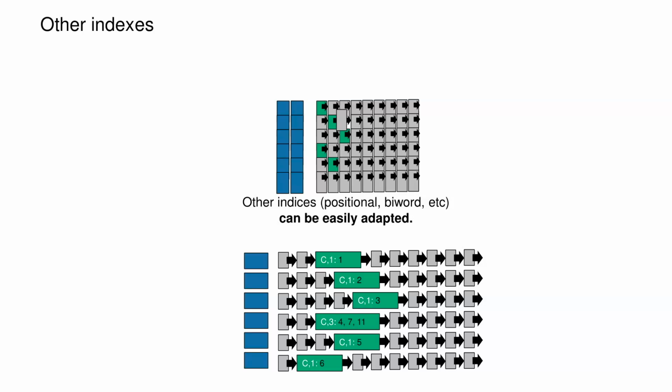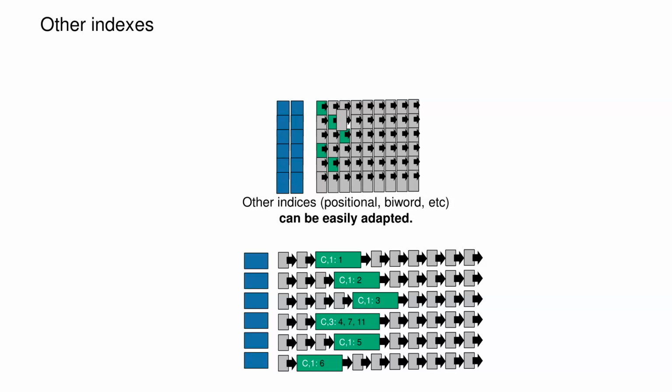We have seen permuterms, so many other sorts of indices and modifications. Do you agree that what I've shown you can also be reused for these? It's exactly the same idea. This idea of partitioning the collection, processing it partition by partition, and then merging at the end.